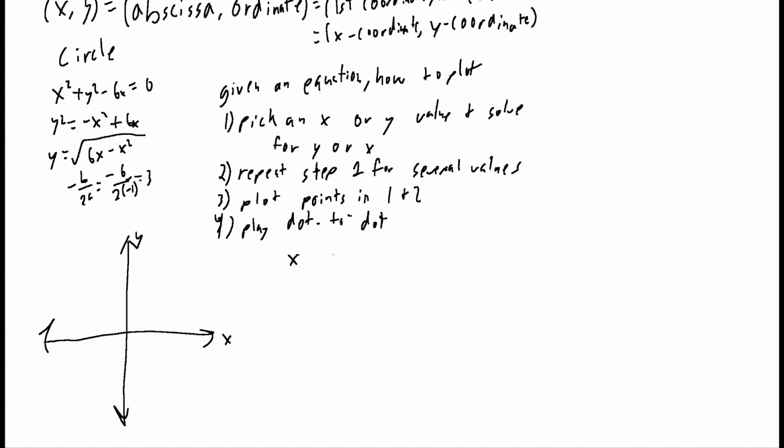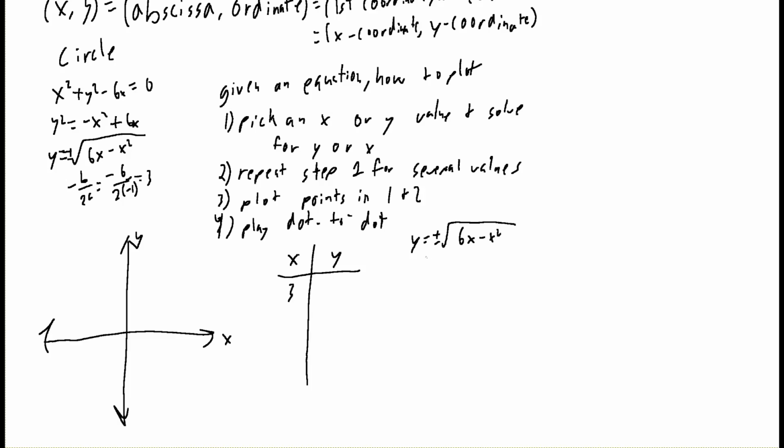X and y. Alright, well, let's see where 3 is. Oh, and when I took the square root there, that's a plus or minus. So we're looking for y is equal to plus or minus the square root of 6x minus x squared. Starting off with 3.